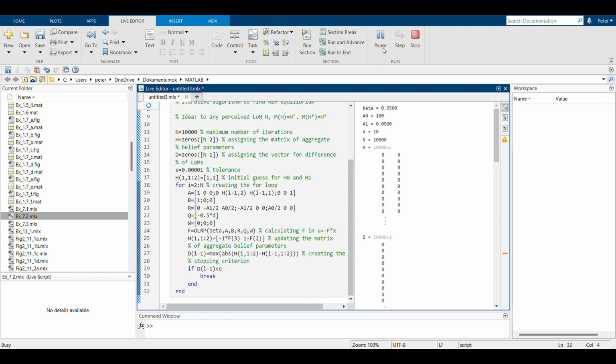And while it is running, let me summarize. So there is only one policy among the optimum policies which is consistent with the perceived aggregate law of motion. To each perceived law of motion there is an optimum policy, but we need consistency because of the fact that the firm is representative, so n is 1.